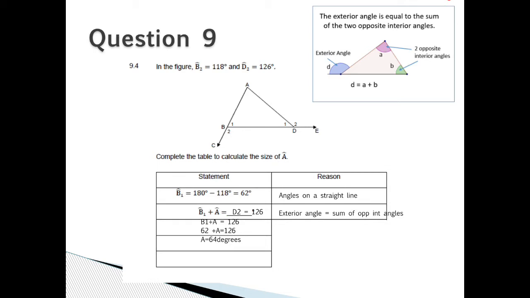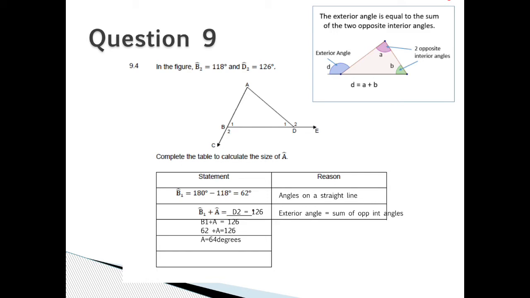In our figure, angle B2 was 118 degrees and D2 was 126 degrees. So B1 is equal to 180 degrees minus 118 degrees, which is equal to 62 degrees. And this is because angles in a straight line add up to 180 degrees.